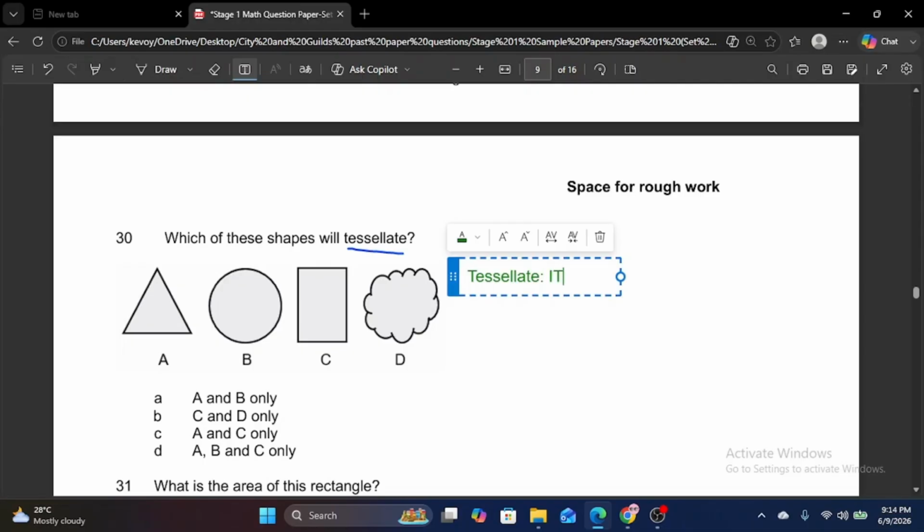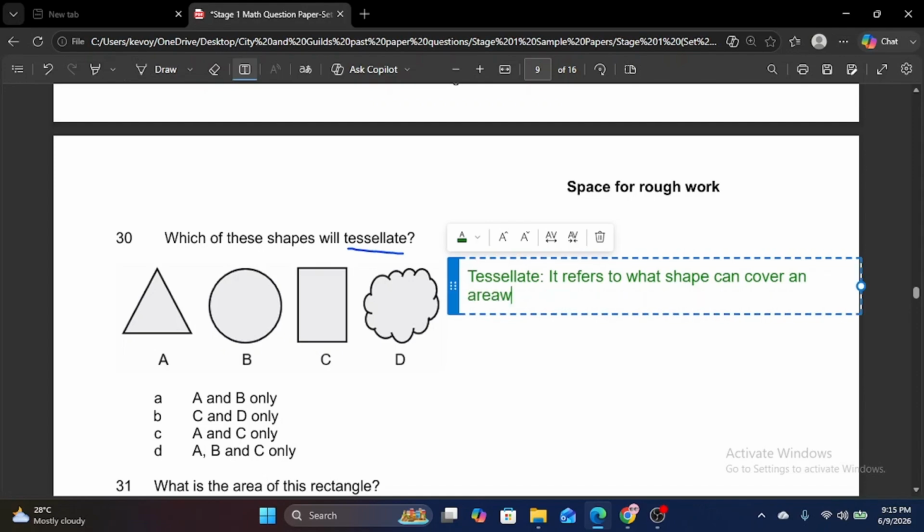So it refers to what shape can cover an area without leaving space or gap.